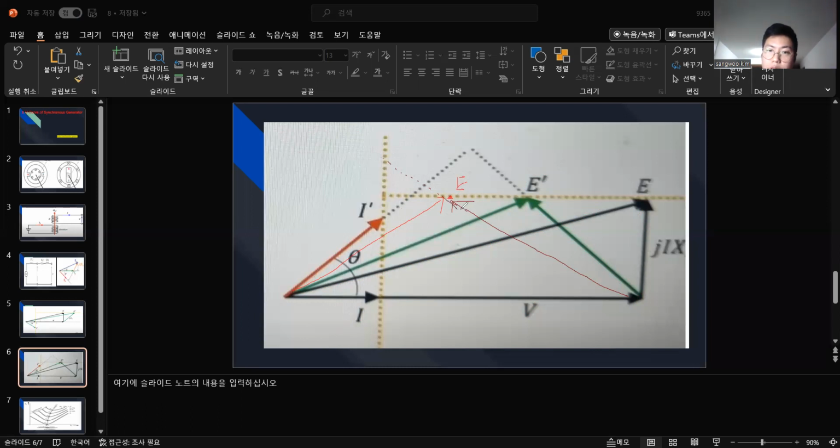E is here, 90 degrees here, so I load has to be here. You can see that. Which means the induced voltage value is reduced, but the load current is increased, right?